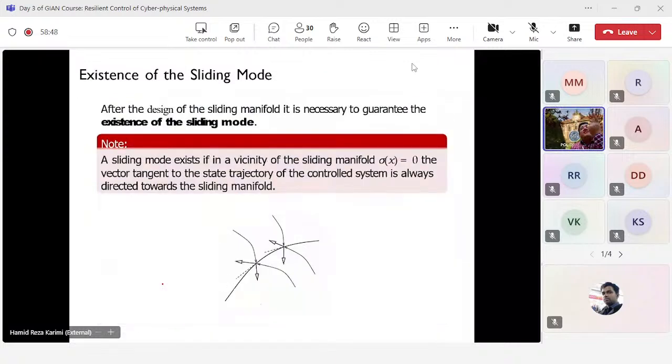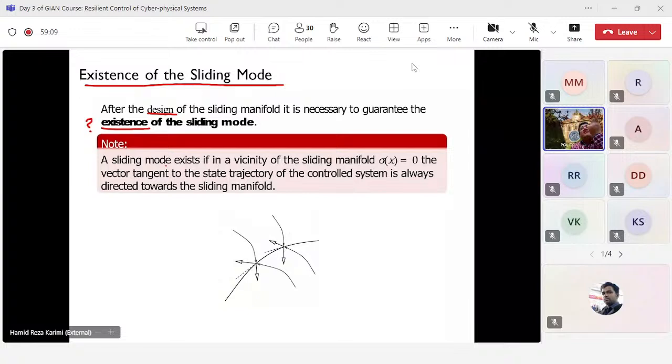Okay, so now the existence of the sliding mode. After the design of the sliding manifold, it is necessary to guarantee the existence of the sliding mode, so we need to look at how to guarantee that the sliding mode exists.